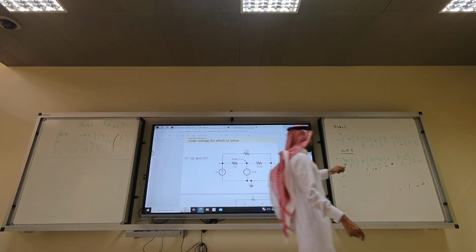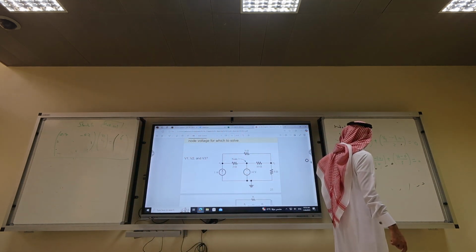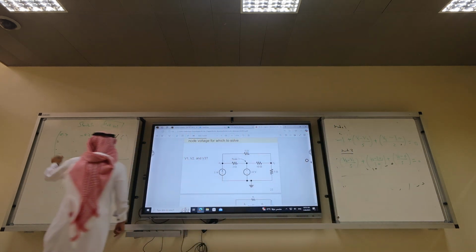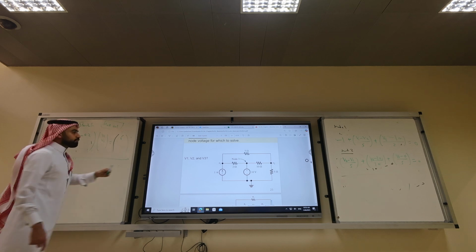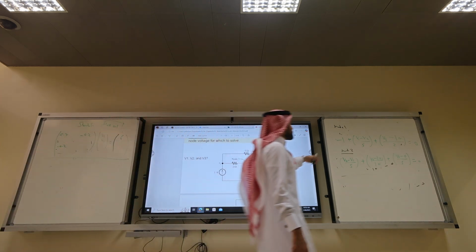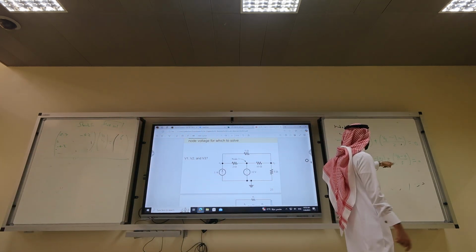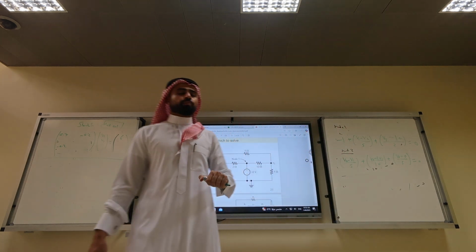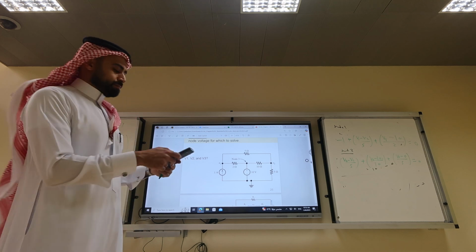This equation, I'm going to take some time. You can leave if you want. Minus 1 over 5, which is minus 0.2. For V2, what do we have? 1 over 5 plus 1 over 10 plus 1 over 5. That's 1.1. No, 0.4, 0.9, right?